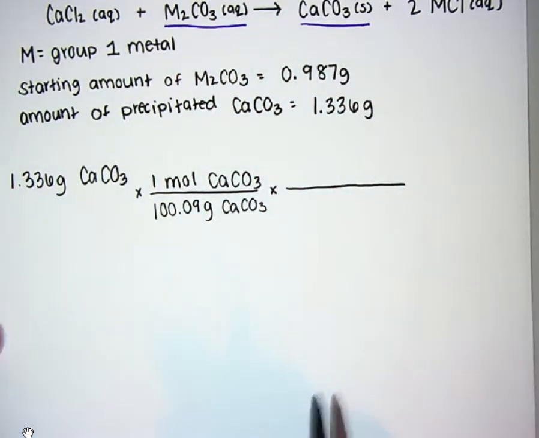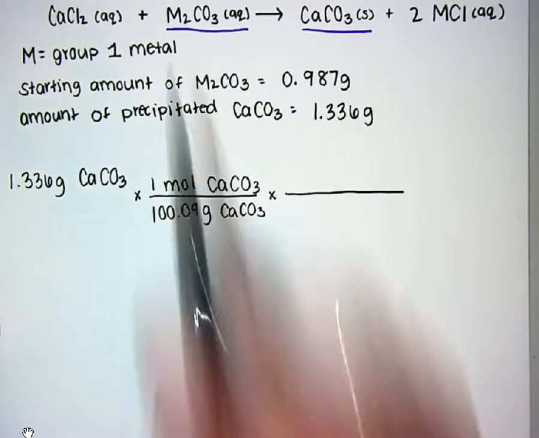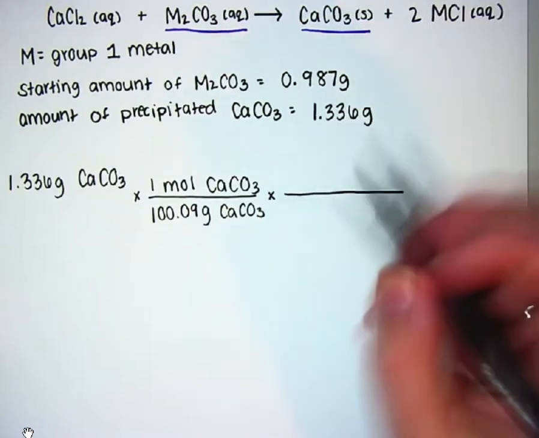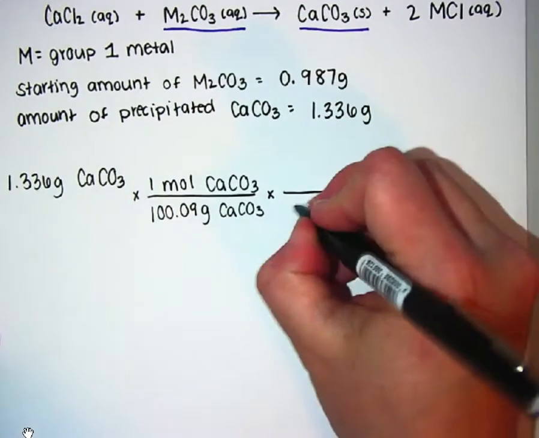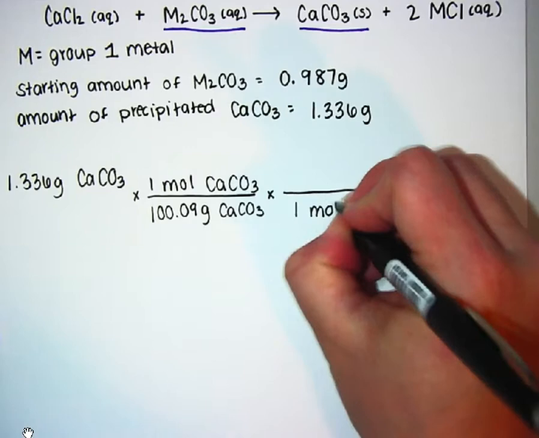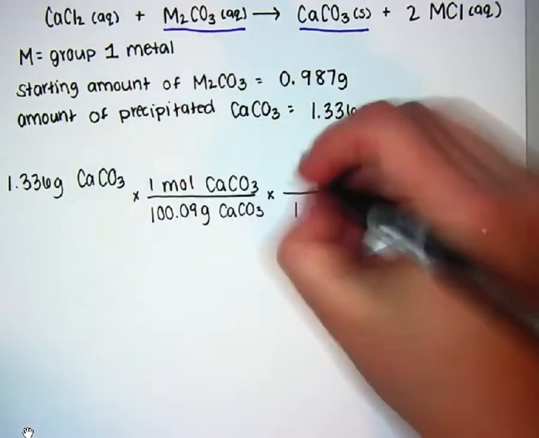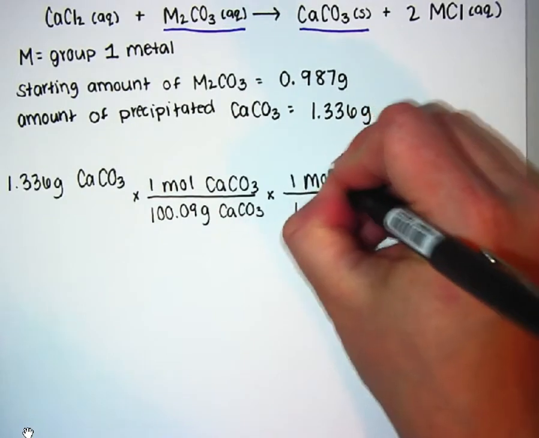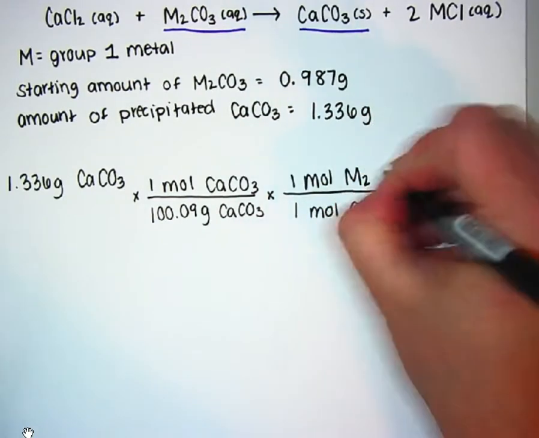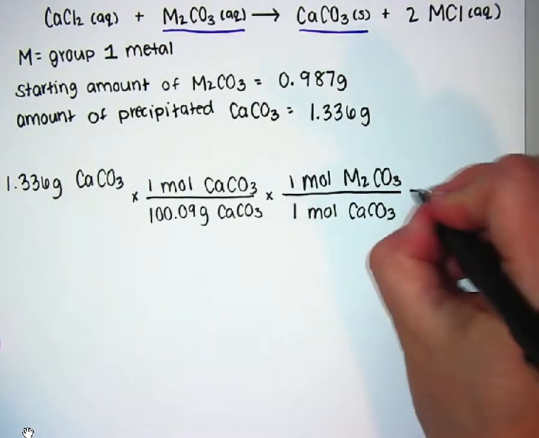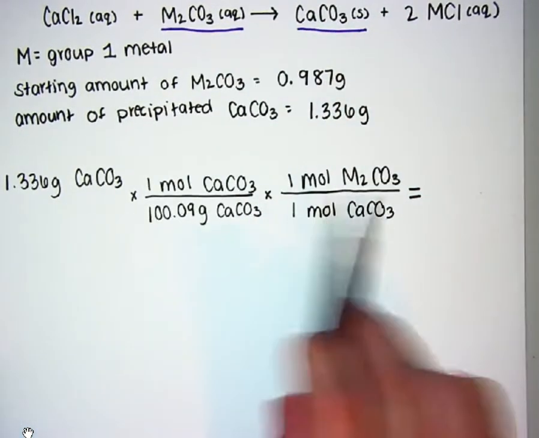And then again, in order to solve for molar mass, I need to know the moles of the metal carbonate. So I can plug in a mole ratio. For every 1 mole of calcium carbonate, we need 1 mole of the metal carbonate. We're going to stop here and solve for moles.